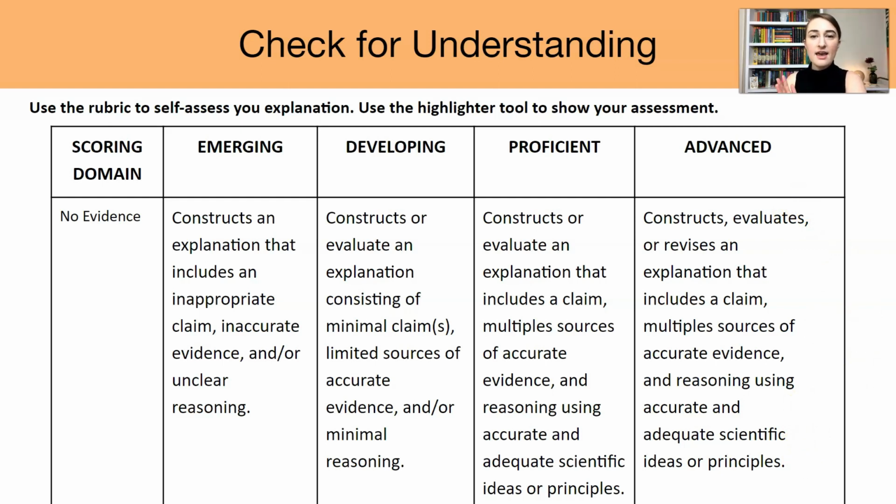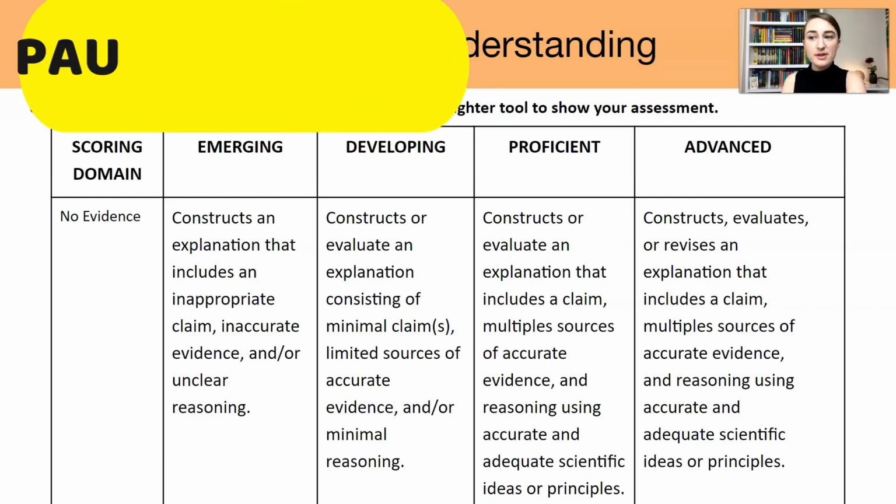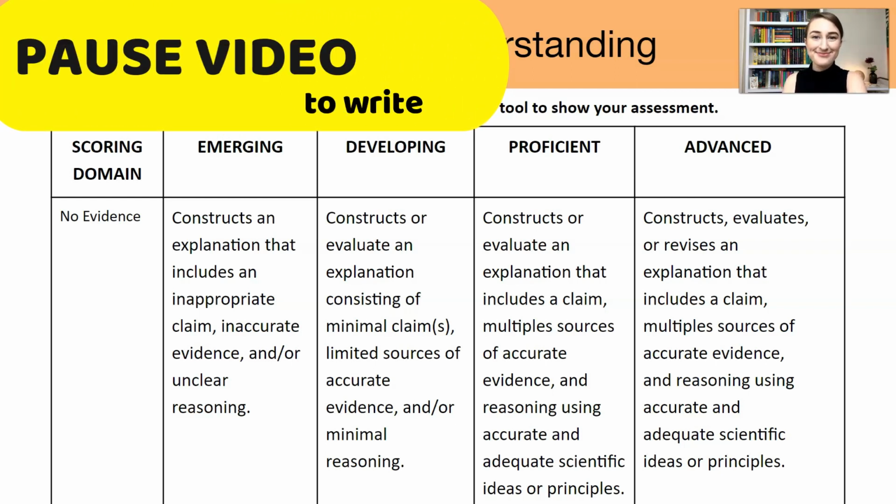So take a minute or two, pause this video. Maybe you want to read the proficient and developing and emerging parts of the rubric. Pause this video, use this rubric to self-assess your explanation, your essay.